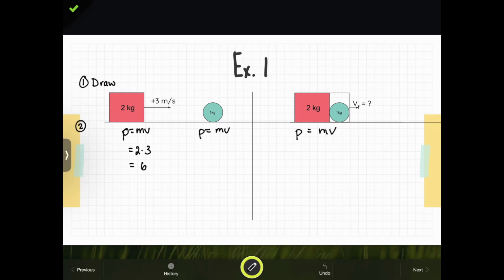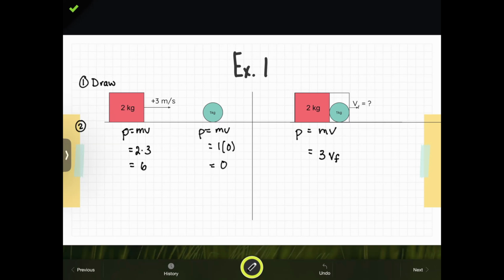So don't skip that step. Even if you look really closely and you're like, okay, the ball is not moving, its momentum is 1 times 0, it's 0. Oh, so at the end, I don't know the final velocity. I know the mass is 3 kilograms total, but I don't know vf.